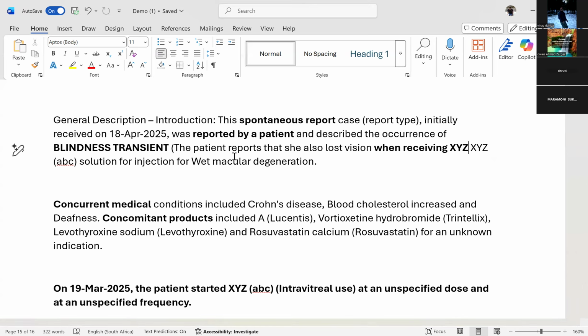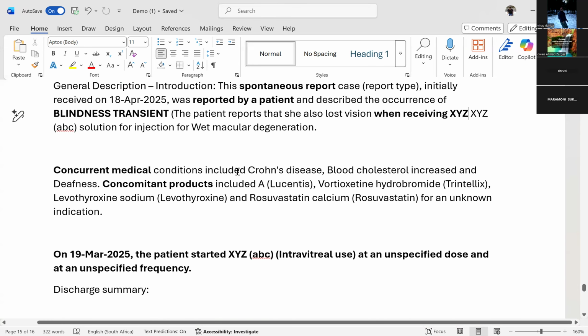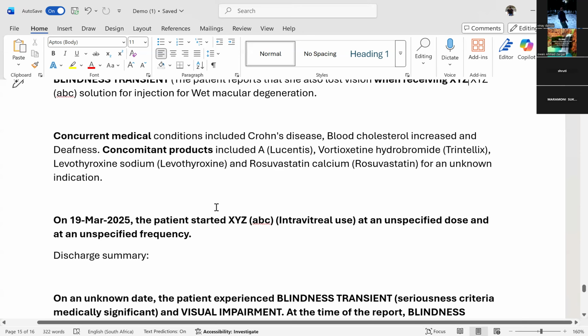Then moving on to concomitant medications or concurrent conditions, or let's say history going on with the patient. The concurrent medical conditions included Crohn's disease, blood cholesterol increase, and deafness. And for the treatment of concurrent medical conditions, the patient was taking these concomitant medications. These are drug names.